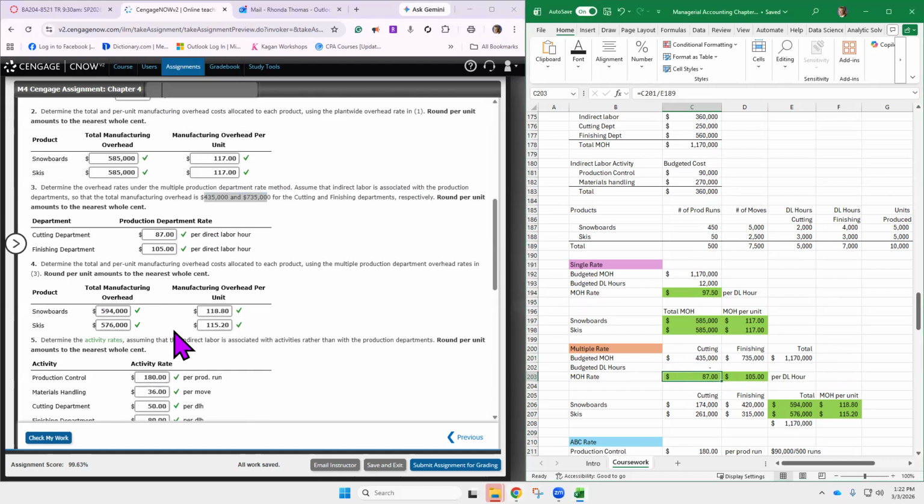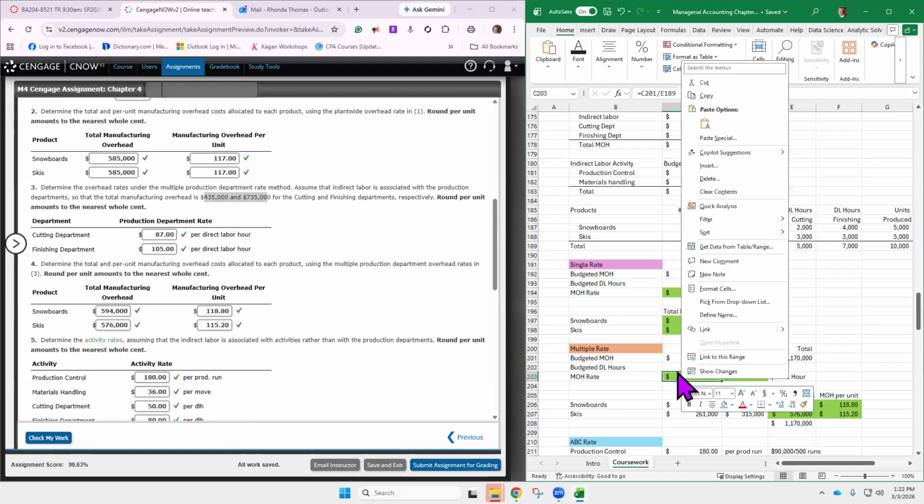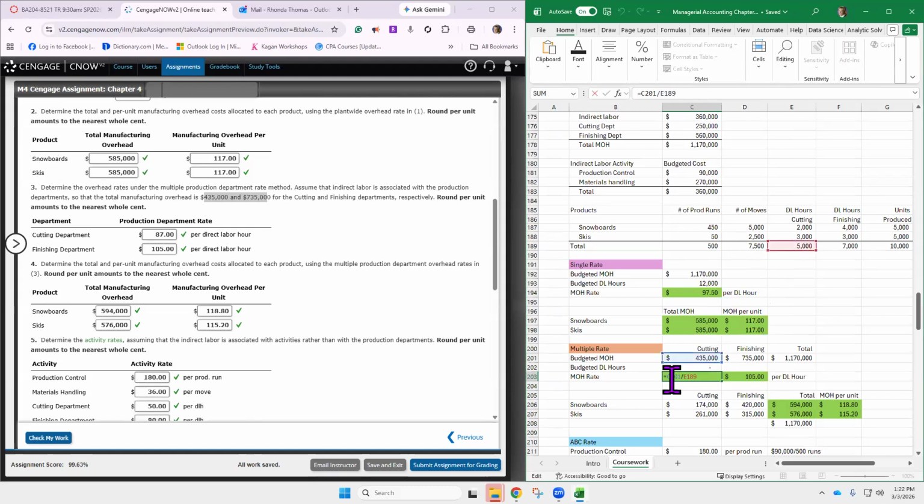This one says that we're doing this per direct labor hour. So here's how we did it. We took the 435,000 and divided by 5,000 direct labor hours.